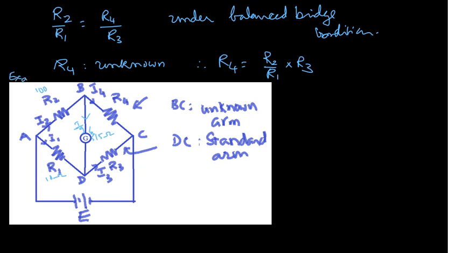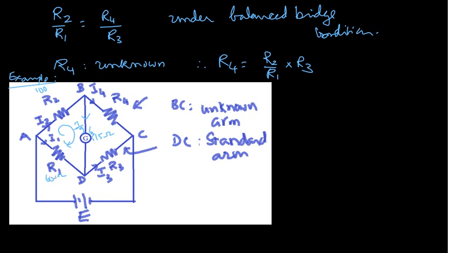So 60 ohms. You see this current and I1 are in opposite directions. That's why I will put that one first. That means 60 into I1. This direction and this direction are the same, plus 100 I2, plus, why?